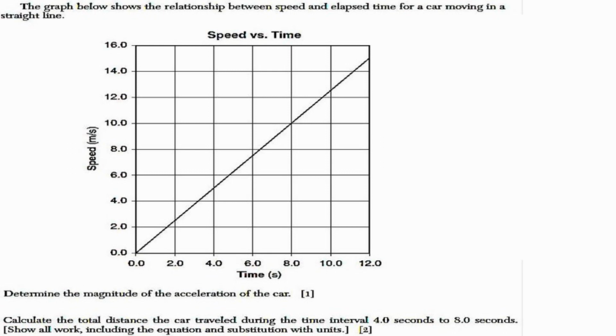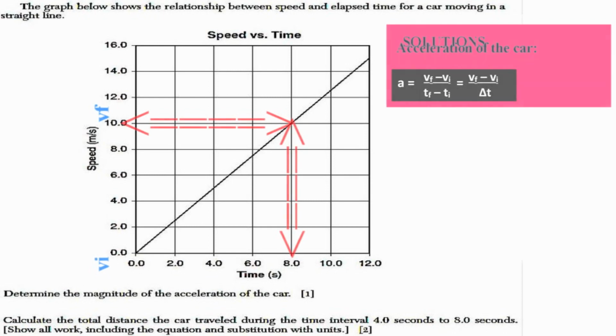Let's begin with question 1, using the acceleration equation. Acceleration is equal to v sub f minus v sub i divided by t sub f minus t sub i, which is also equal to v sub f minus v sub i divided by delta t.